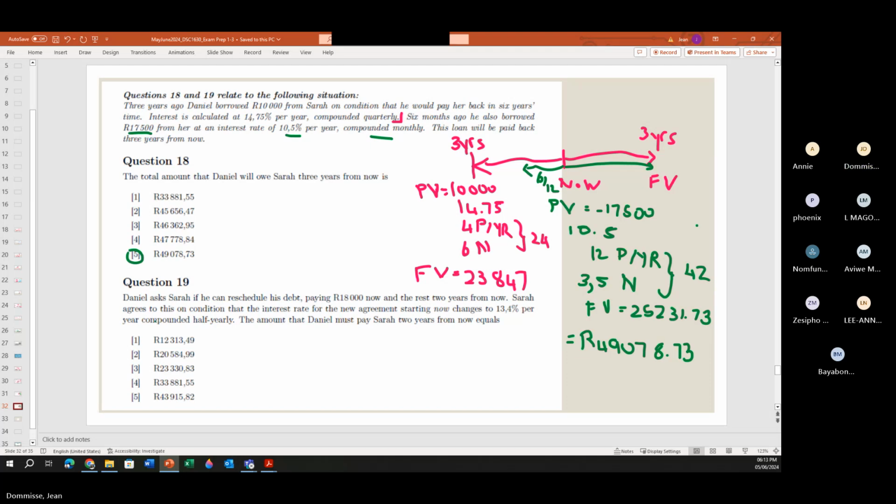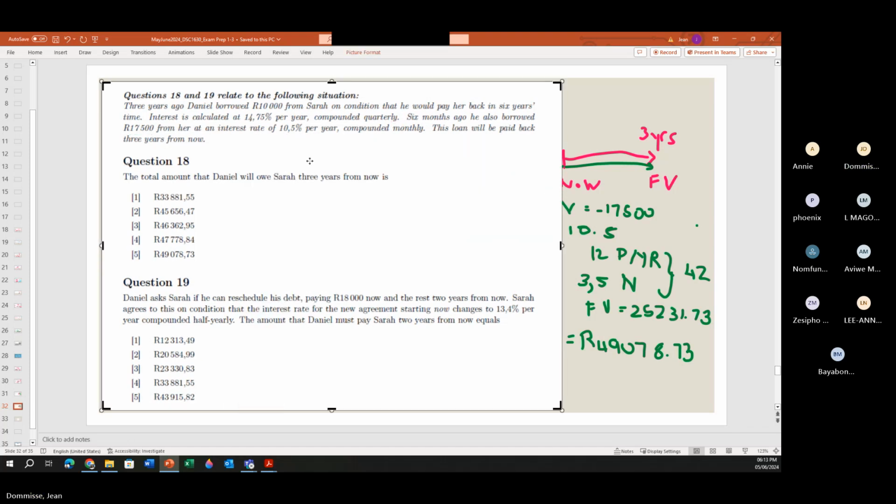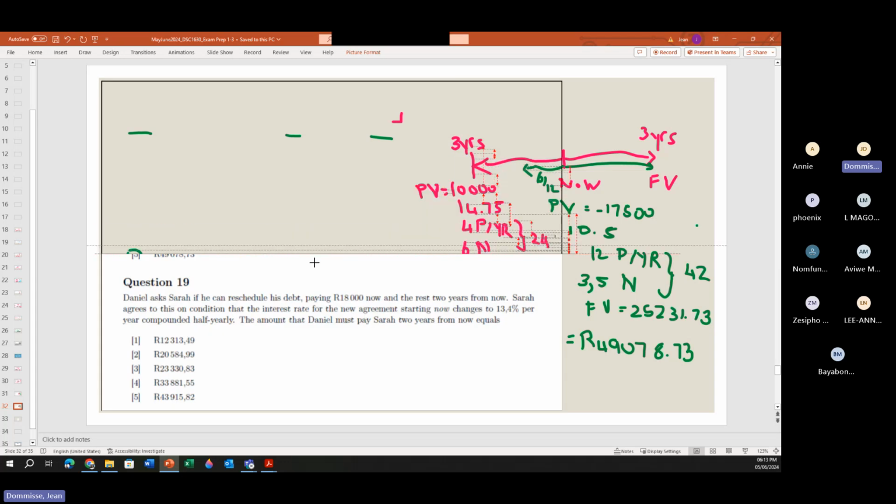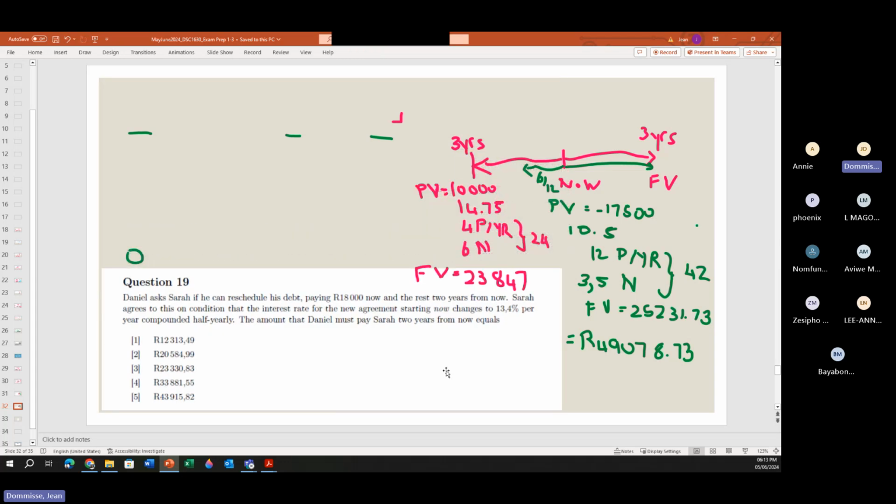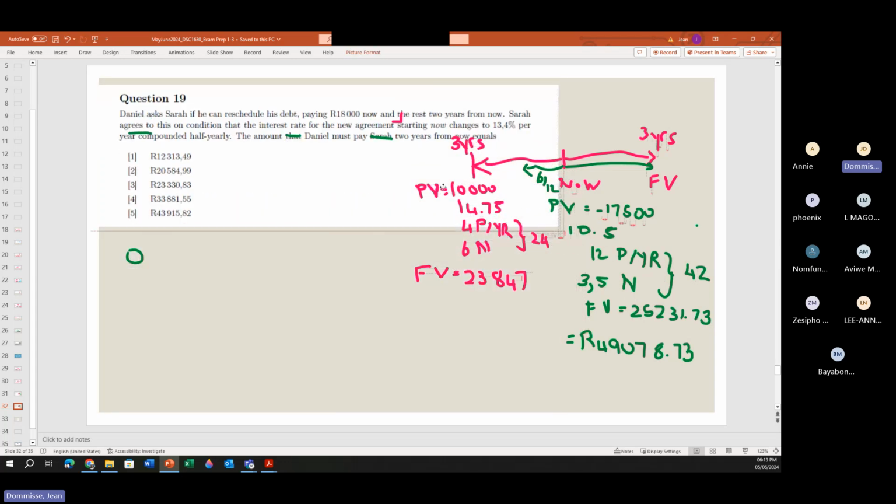So then basically what they say is, Daniel asked Sarah if he can now reschedule his debt. So again, we need to know the answer to question 18 to know what to do in question 19. So again, not great, because if you had question 18 wrong, you would have gotten question 19 wrong as well.